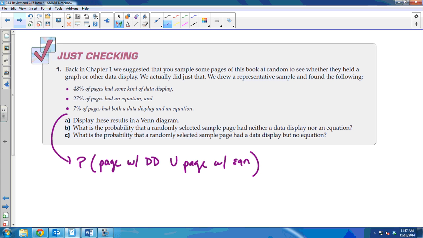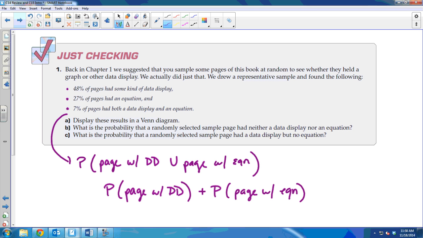How am I going to figure this OR question out? We have to use the general addition rule, right? We have to add the two probabilities together. So the probability of a page with a data display plus the probability of a page with an equation. But there are some pages that have data displays and equations. So I subtract the intersection, right?